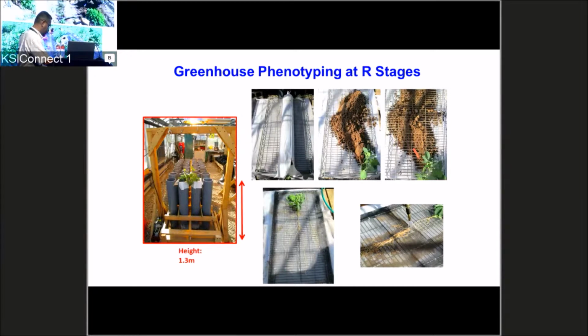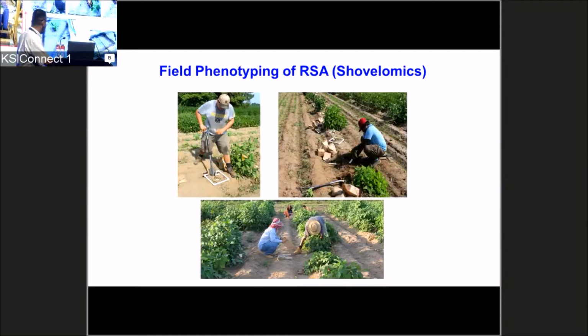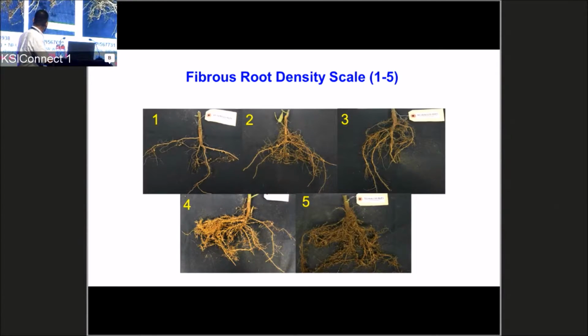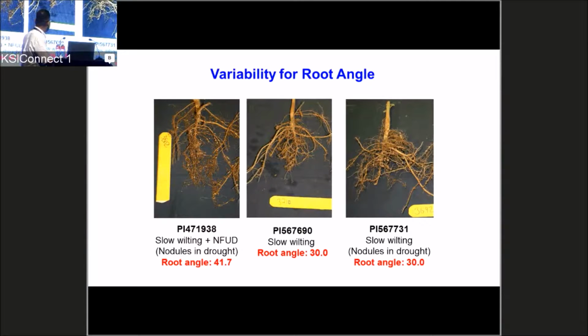We use a tube-based system in the greenhouse and a shovel-based system in the field. Then we select specific soybean lines with contrasting root system architectural traits. These are some examples of soybean lines with different root architectural traits that we use for genetic dissection.